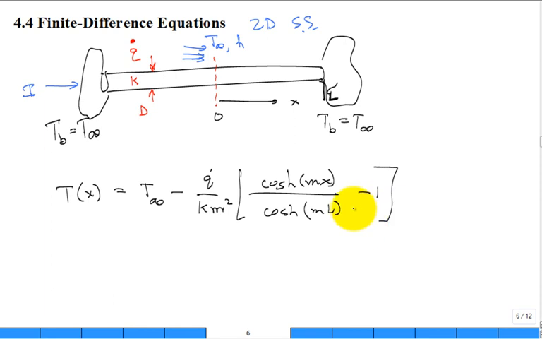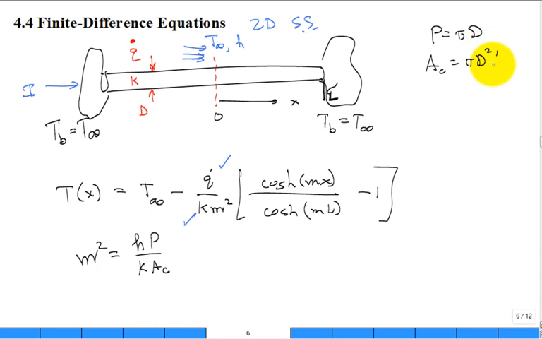Let's take a look at this for a minute. Do we understand each term? Do we understand the Q dot? Sure. The K, thermal conductivity? Sure. Oh, what about this m squared? Well, that m squared is hP divided by k A sub c. For a round rod, maybe you've done it enough times, that the perimeter is pi d. The cross-sectional area is pi d squared over 4.